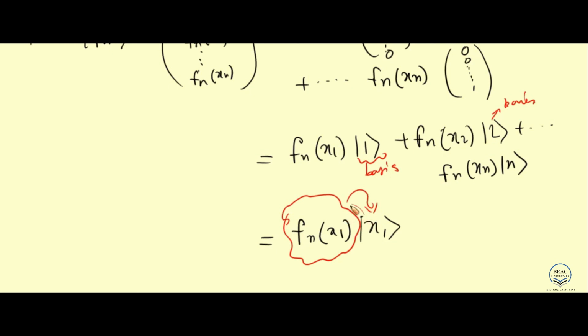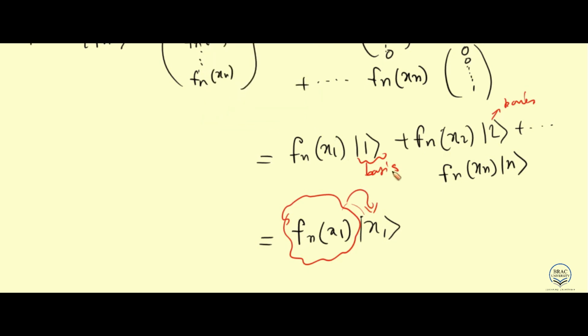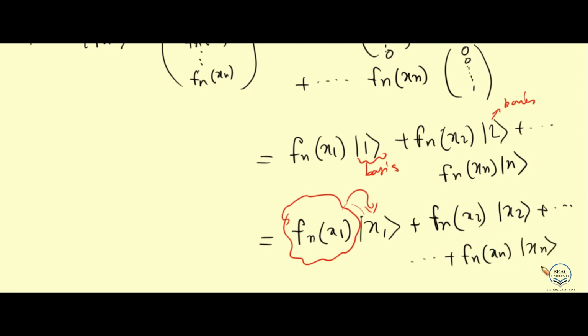And this whole thing will also help us in future lectures to represent a function in the coordinate basis, and you will see that as we go along. So if you just follow this convention, instead of 1 you are replacing with x1, so this will be f of n x2, and this will be ket x2, and so on, plus f of n that carries the information of x of n, and this is our basis vector.